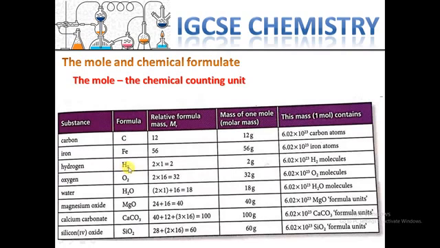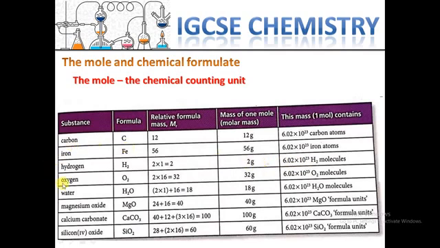So relative mass number is 2. Each hydrogen has 1, and we have 2 hydrogens, 2 totally. That means 2 gram is equal with the Avogadro constant. Okay, but here it is molecules, but the previous one is atoms. So here we have this amount of molecules in 2 gram hydrogen gas.